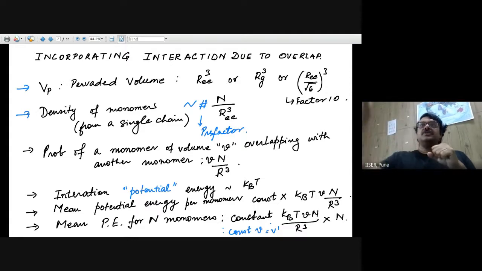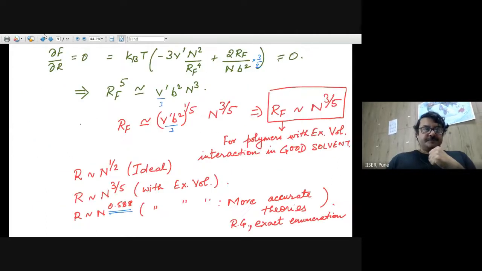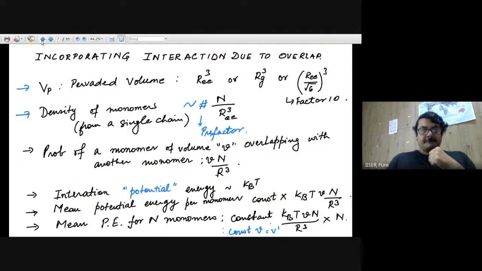So the volume excluded to a particular monomer is proportional to v, the excluded volume of the monomers, times the density. So this is the probability of a monomer of volume v overlapping with another monomer.